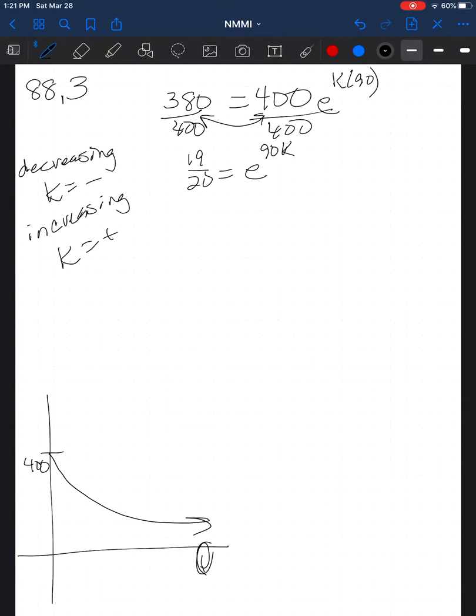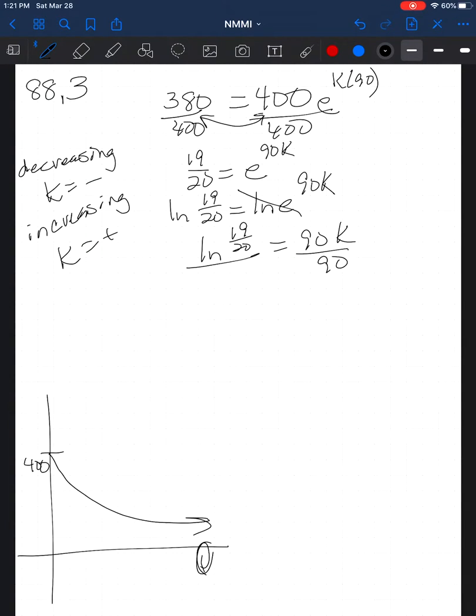To get rid of the e, I'll take the natural log of both sides. So there it cancels. I have ln of 19/20 equals 90k. Divide both sides by 90. So there's k: ln of 19/20, divided by 90.